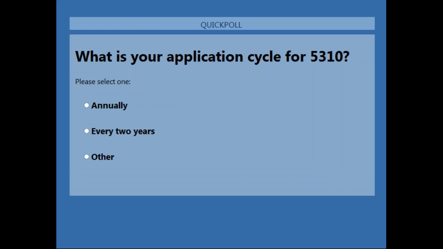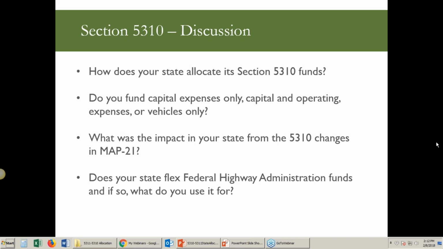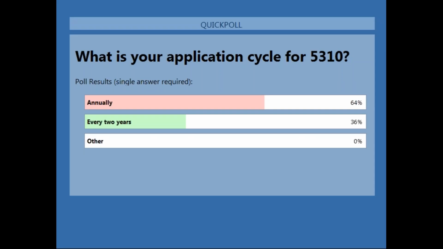Okay, just a few more seconds. All right, it looks like 52% voted is as good as we're going to get. So I'm going to close that and share it. So you should be able to see the results. We have a majority due annually, 64%, and then the rest every 2 years.